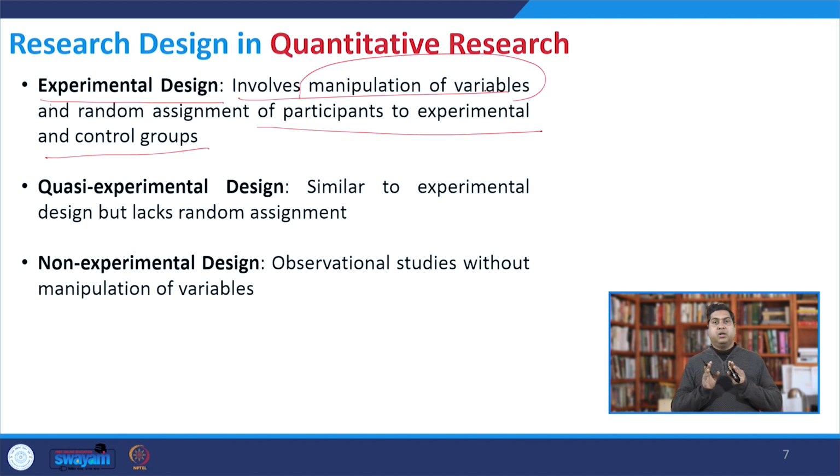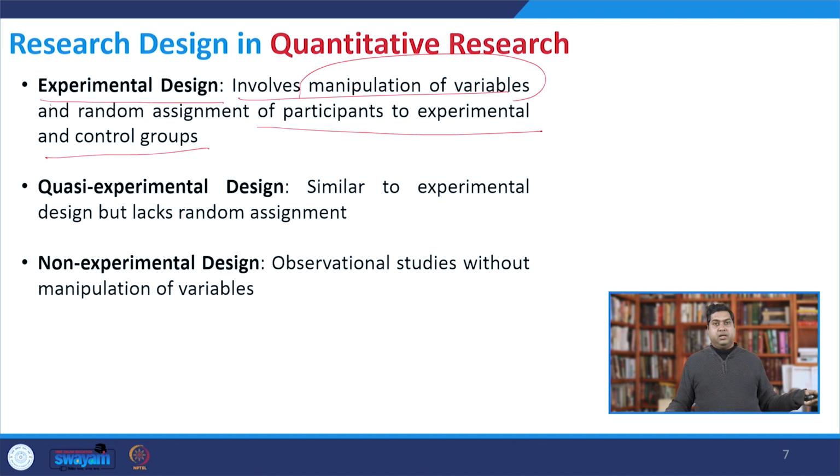Don't simply go with the word manipulation, which may confuse you. This manipulation is nothing but changing the different levels of the parameters, and trying to create different scenarios of the experiment.